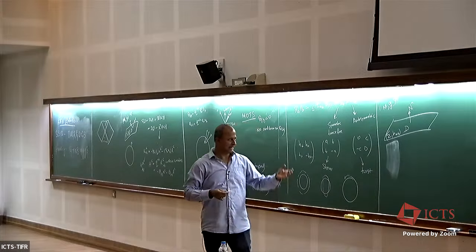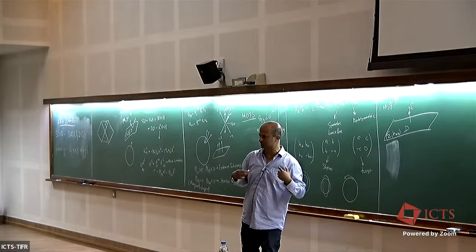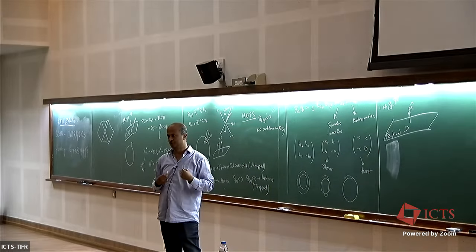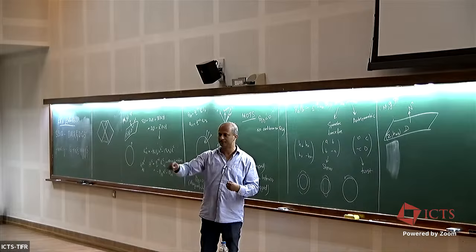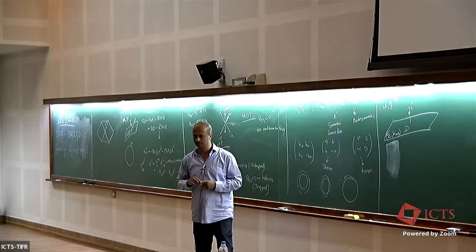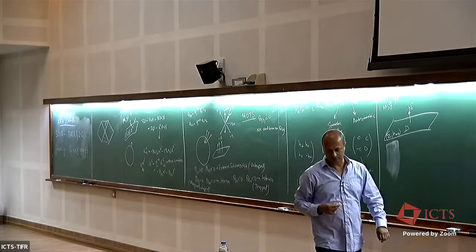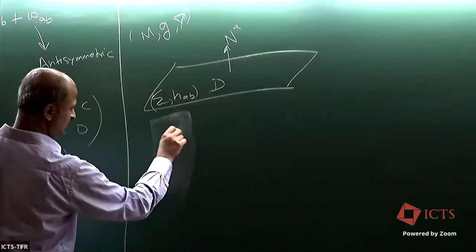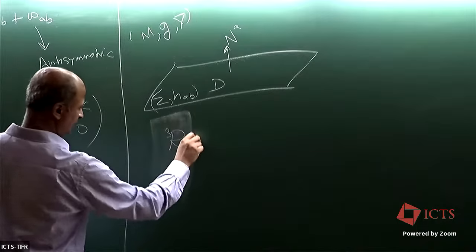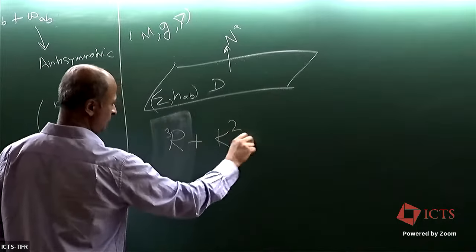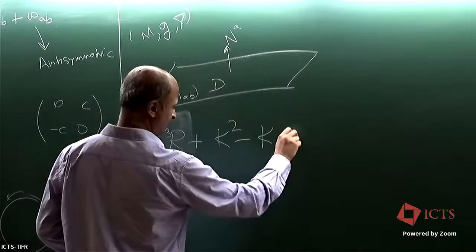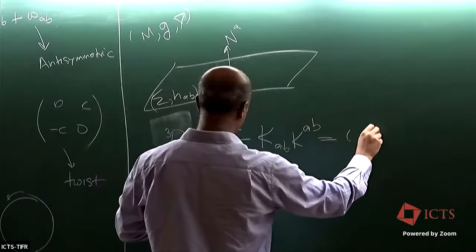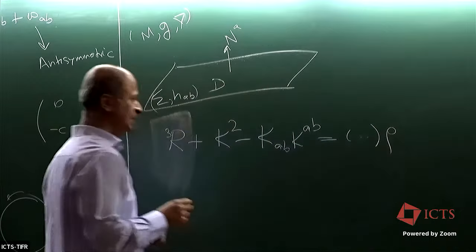In a similar way, we have equations from the Einstein equations, certain parts of those equations which do not have any time derivatives. Those are called the constraint equations. Those have to be satisfied at each time. So let me just write those constraint equations down. And I will always get the sign wrong here. So this is 3R plus K squared minus K_ij K^ij equals a matter term involving the mass density.